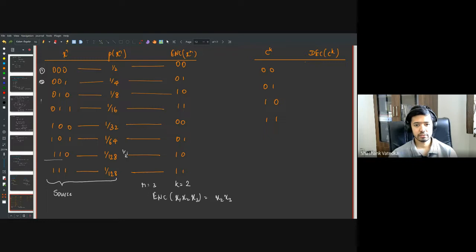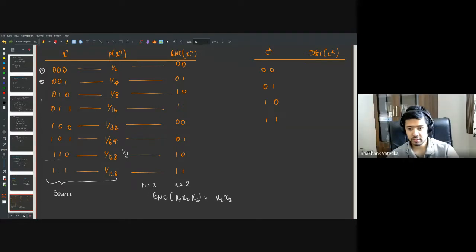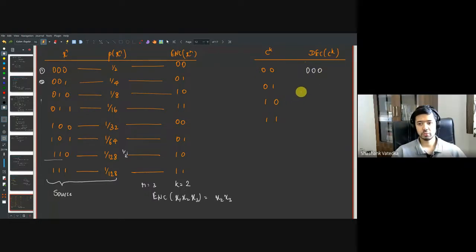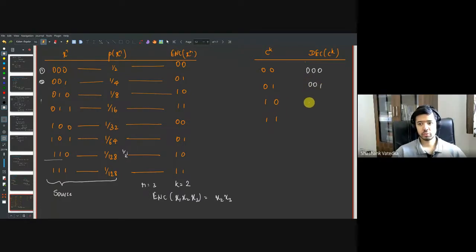Any suggestions? For the first one, 00, we expect it to be all zeros only, because that is the highest probable one. And for 01, 001.